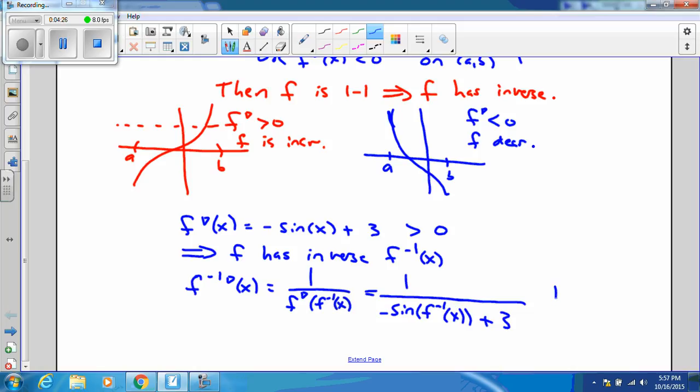This has a value for all x. Hence, our function is invertible, and that inverse has a derivative. It is differentiable. And that's it. I'll see you on Monday.